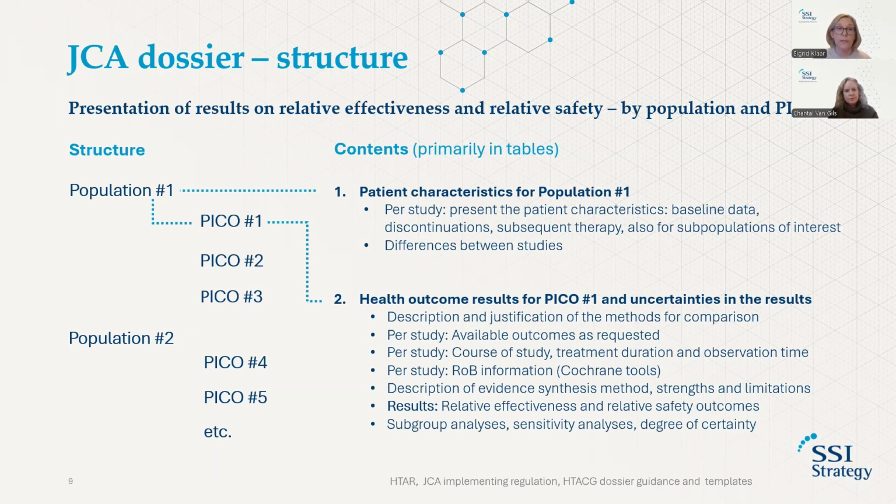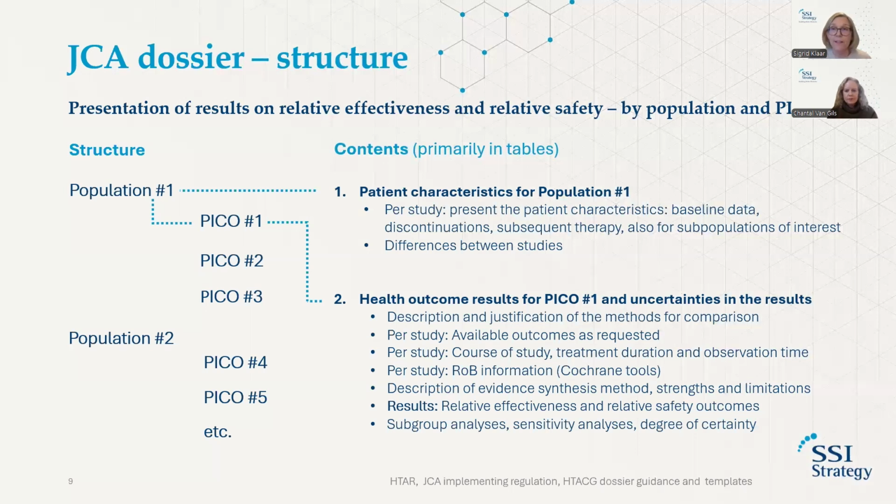Then you go to the first PICO, and again, you have to justify the methods, describe the studies in terms of available outcomes, treatment duration, risk of bias information, strength and limitations.